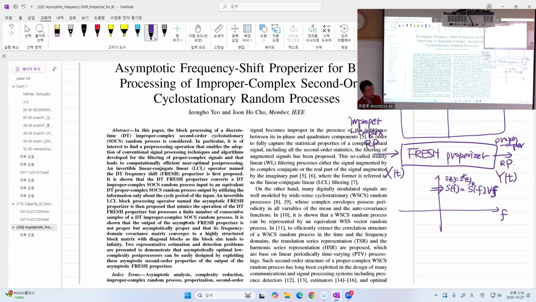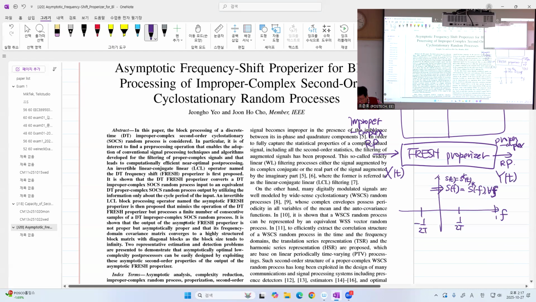So in the previous work, instead of slicing the frequency band into lengths of 1 over capital T, in the properizing fresh vectorizer we divided it into what? Lengths of 1 over 2T, right?